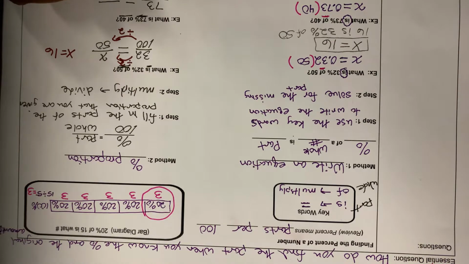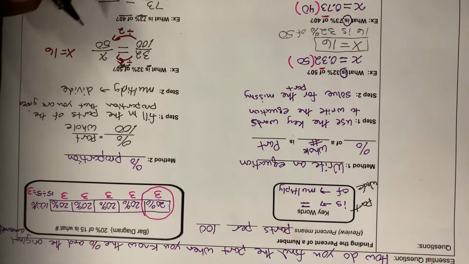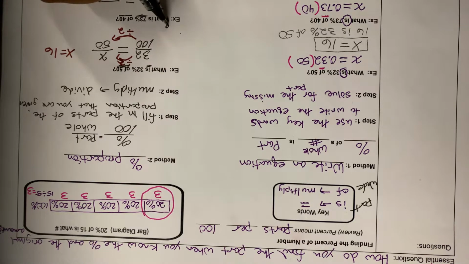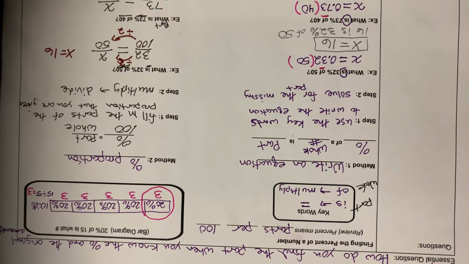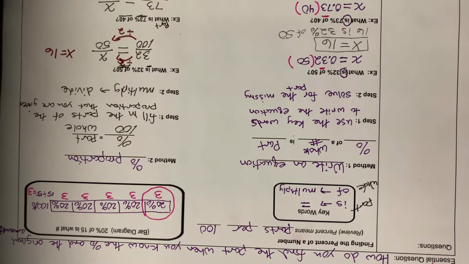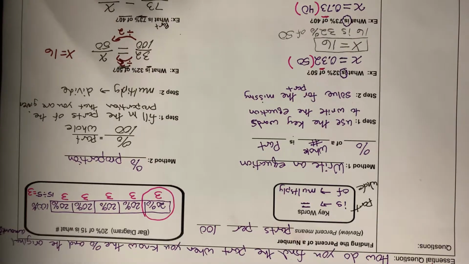So it goes down here in the denominator, which means I'm solving for the part. What's missing is the part, so I'm going to put my variable, again, x. Now, going from 100 to 40 is kind of hard. We're going to need to make a couple steps, and you most certainly can do that.